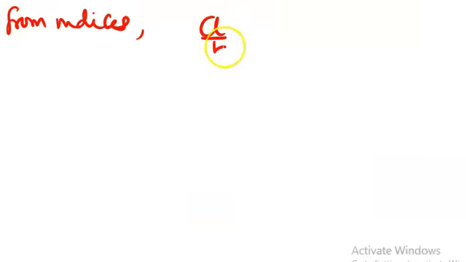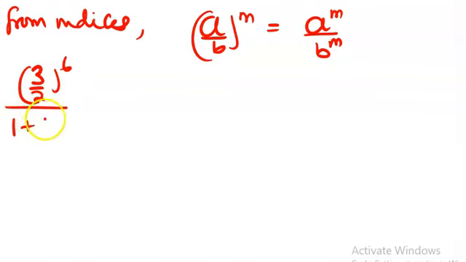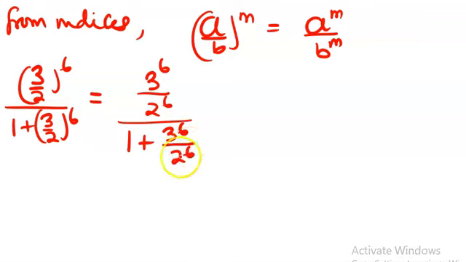Once again, from indices, a over b all raised to the power m is the same as a raised to the power m over b raised to the power m. So 3 on 2 raised to the power 6 over 1 plus 3 on 2 raised to the power 6 becomes 3 raised to the power 6 over 2 raised to the power 6 all over 1 plus 3 raised to the power 6 over 2 raised to the power 6.